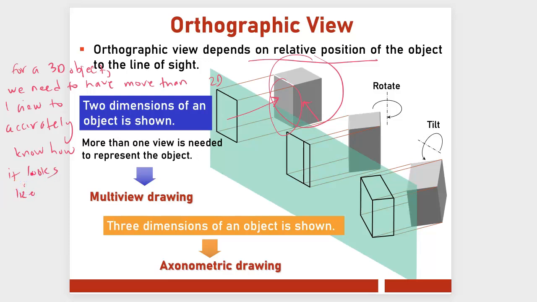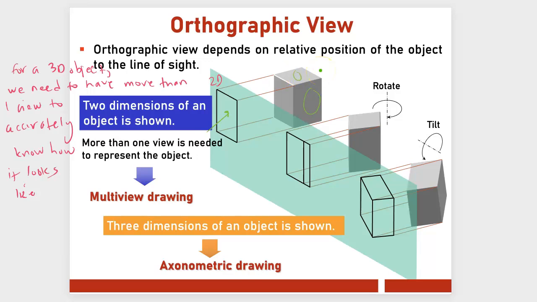Okay, a 3D object represented in drawing in 2D form needs to have more than one view for us to actually know how it actually looks like. If we only have one view, which is this guy over here, we can't really tell what happens over here or over there.